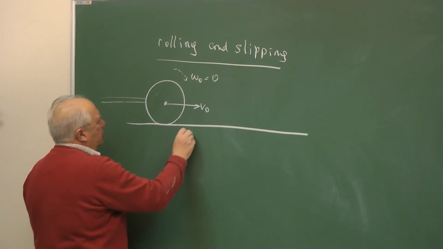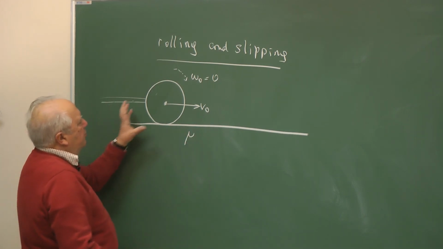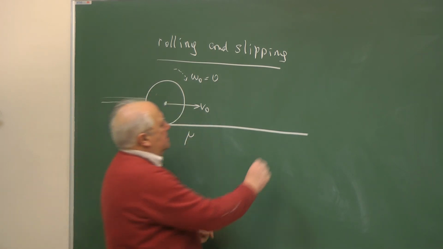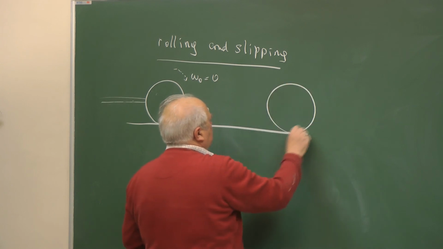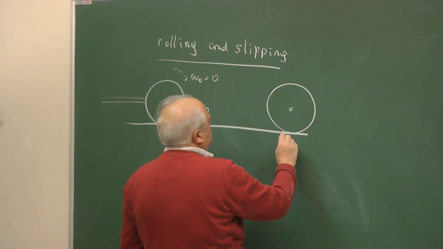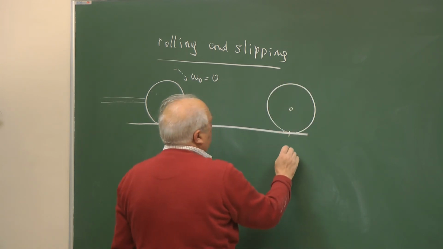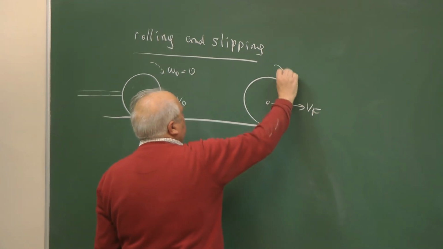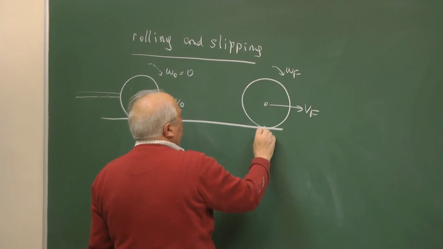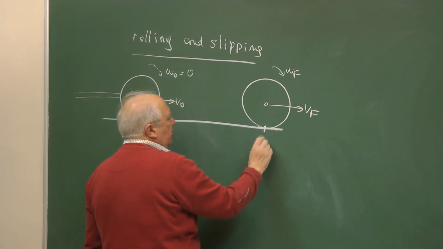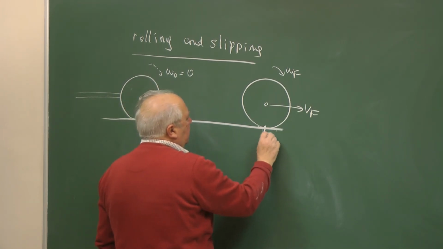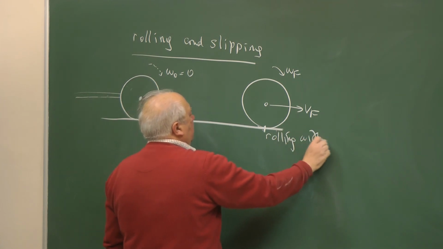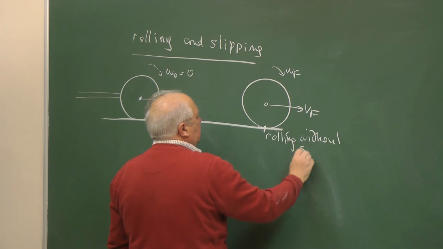It is mu. And of course, the ball is moving, but there is friction. And at some point here, when the velocity is vf, now it is rotating with omega f, and from this point on, it is rolling without slipping.